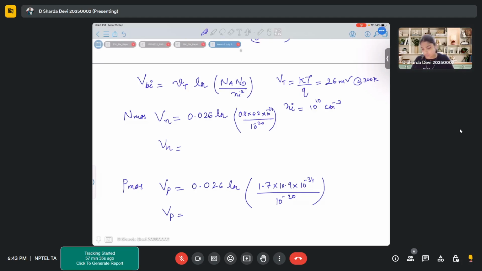How much? Minus 3.19, negative. So for NMOS, the value you should get is 0.879 volts, and for PMOS, the voltage will be 0.914. Nobody is getting this?